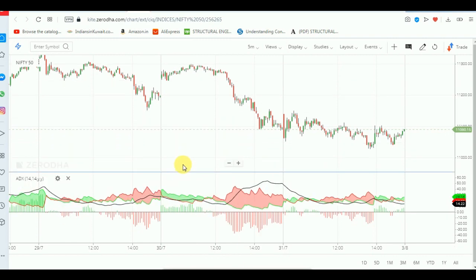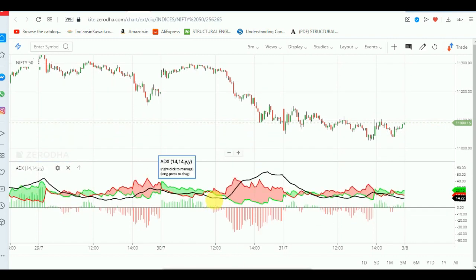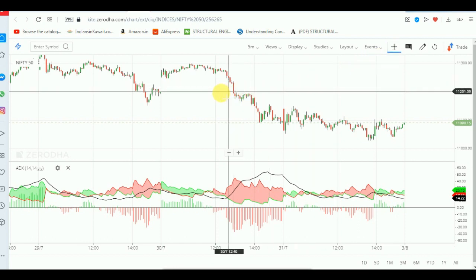Now you can see very clearly, in many places we can see green filling, and in many places red filling inside the lines. What it tells us is that if you see the red filling, the market is moving in the downward direction, as you can see here. Let me select this cross line also.